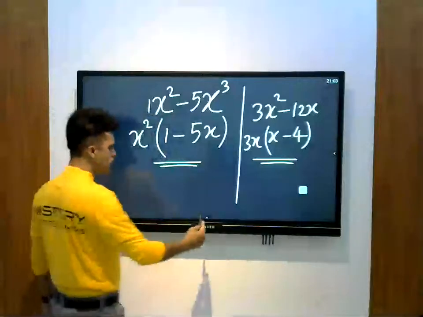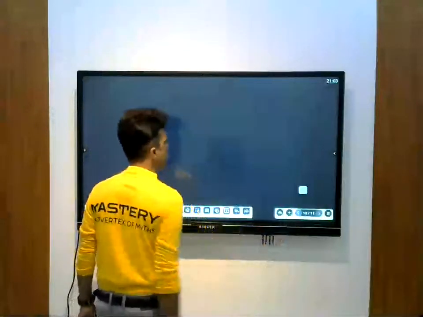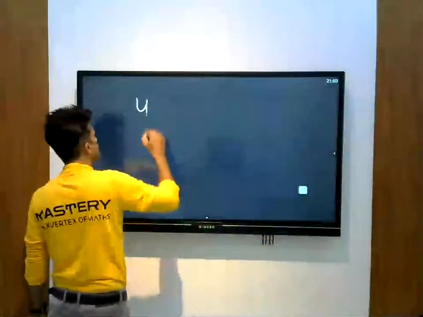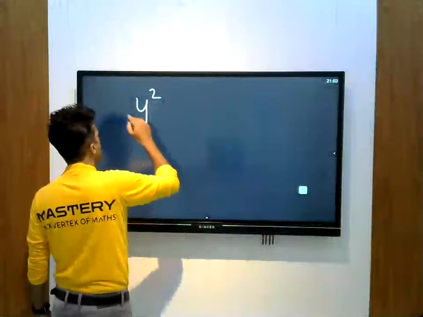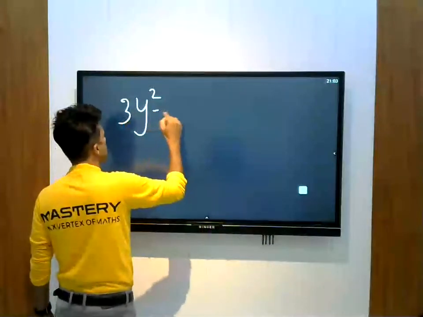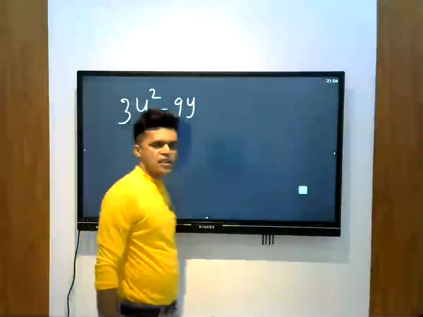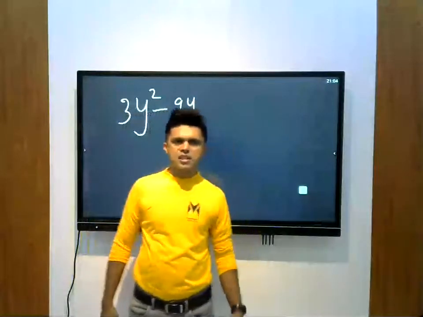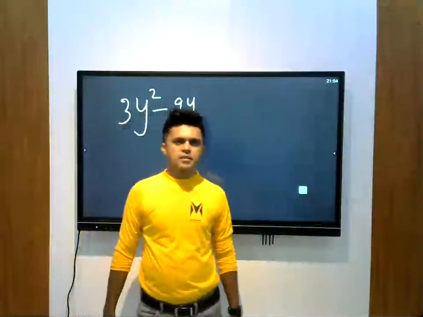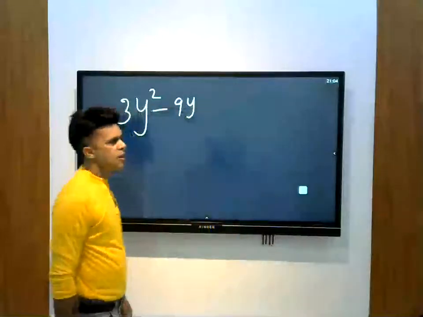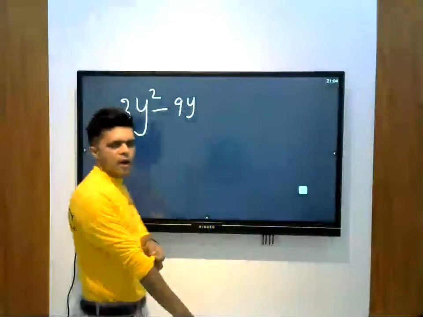So how can you do this type of one? This type of one: 3y squared minus 9y. What are the factors of this quadratic expression? 3y squared minus 9y.